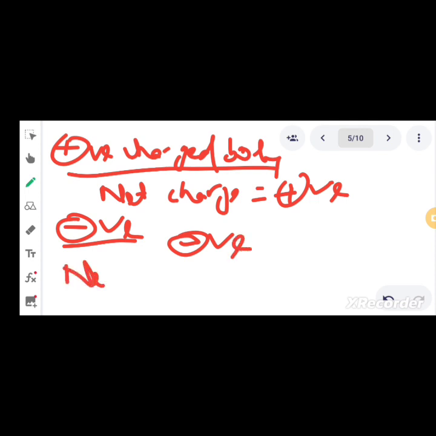And for neutral, what happens? The number of protons and electrons is equal, that is, the number of positive charges is equal to the number of negative charges.